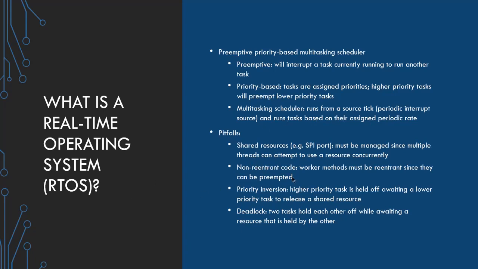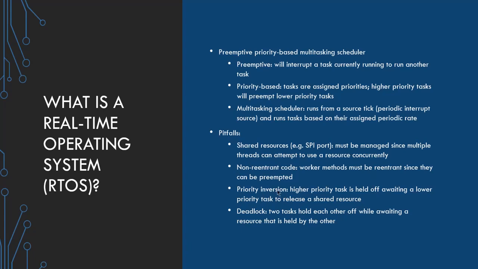You also need to write some of your methods as reentrant methods. You can have functions that are called and are partially through, but then get preempted and called again by a different context. And you need to make sure, or get in the habit of, writing functions that are reentrant.